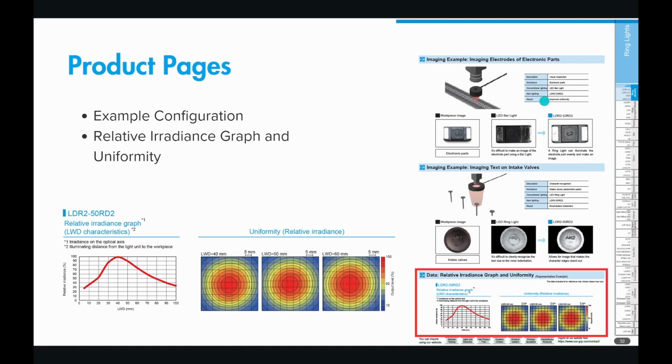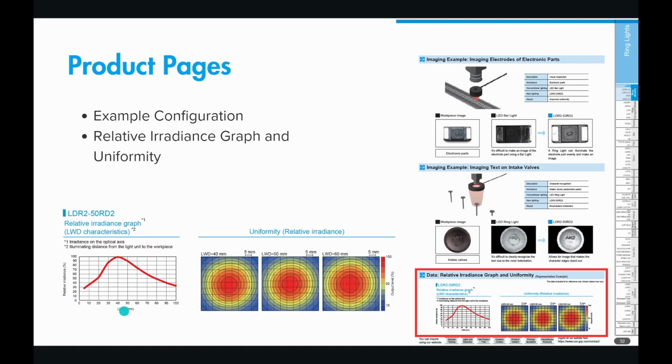Next on the product pages, there'll usually be some type of imaging example using this light on an actual sample. What I want to talk about here, though, is the relative irradiance graph and the uniformity. Starting with the relative irradiance graph, this is not showing what the lux of the light is.